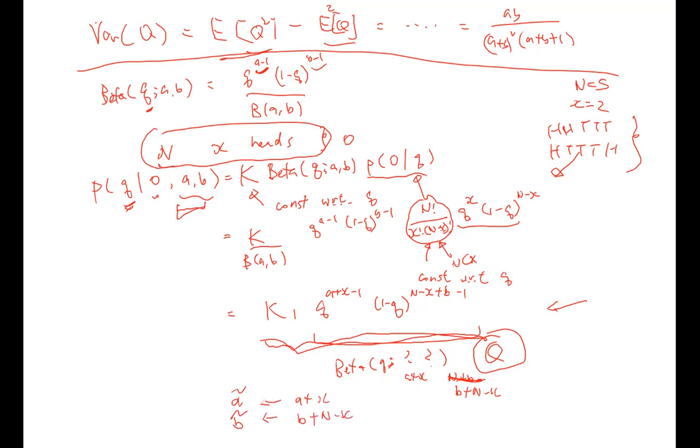Simply, I have x more heads, so I add x to a, and I have n minus x more tails, so I add that to b.